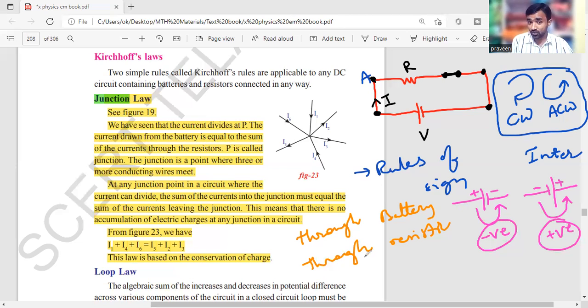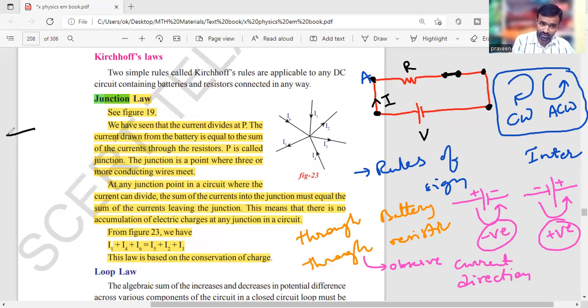Through a resistor, you need to observe the current direction. You are depending on the current direction to assign a sign for the given voltage, right?